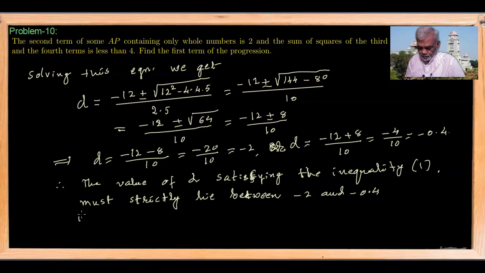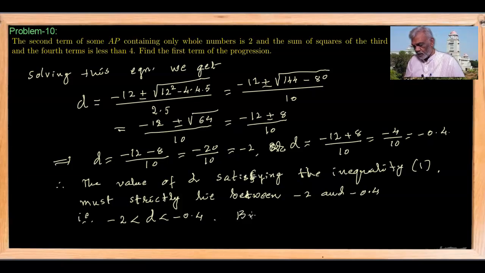That is, D is less than minus 0.4 and greater than minus 2.